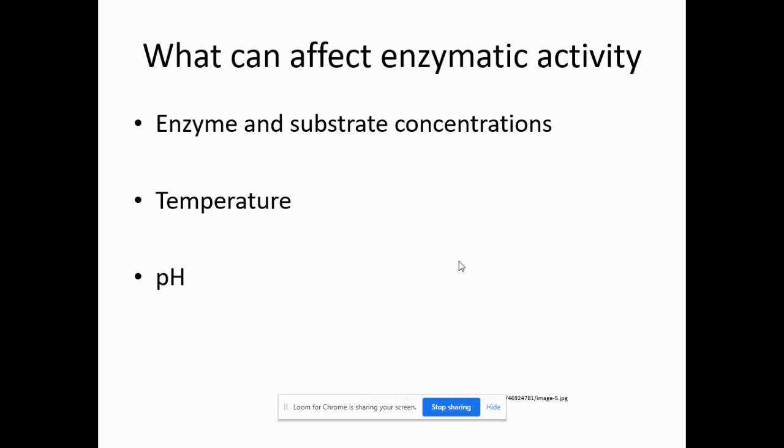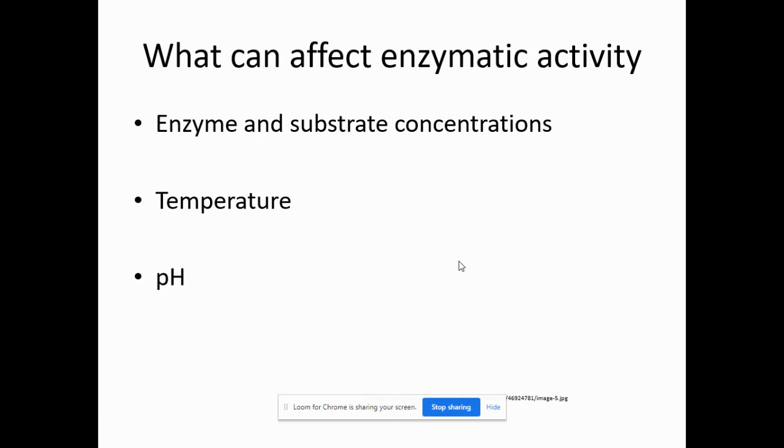All right. Well, there are a number of things that can affect enzymatic activity and how quickly the enzymes can work. All right. First thing are enzyme and substrate concentrations. All right. The more enzymes, the faster the rate of enzymatic activity will occur. Right. Okay.